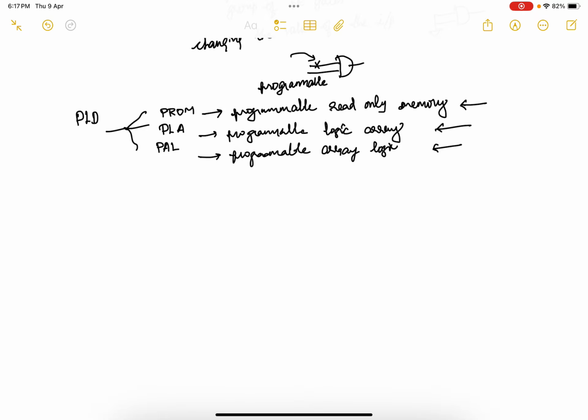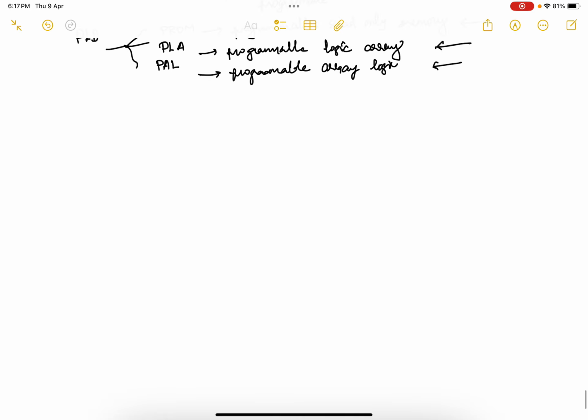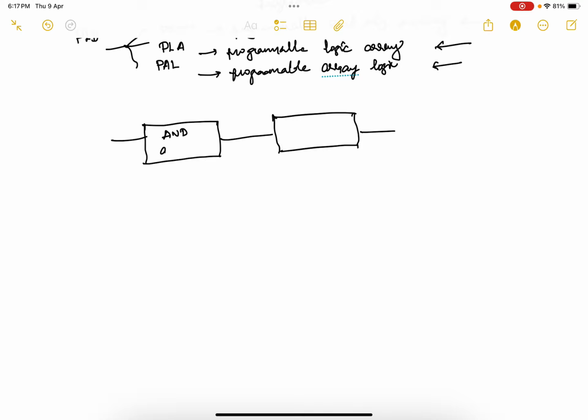I told you we will have a combination of an AND array and an OR array in all these programmable logic devices. The first will be one AND array, and the second will be one OR array.